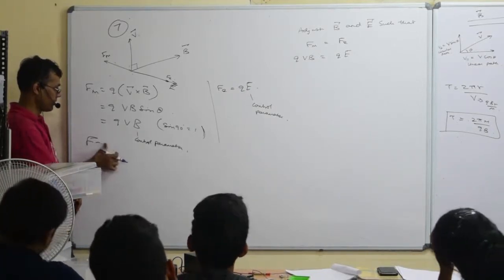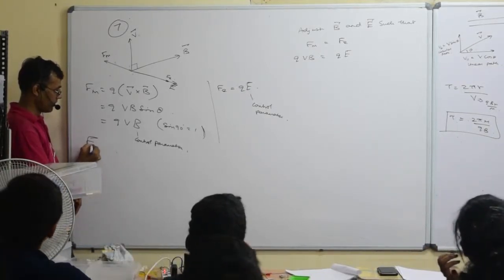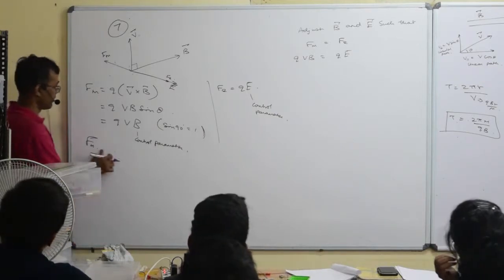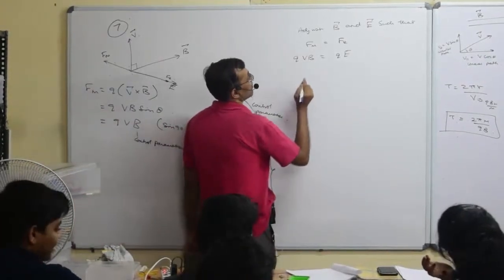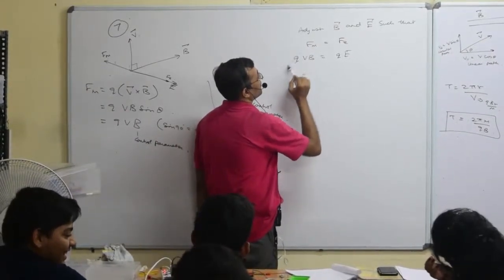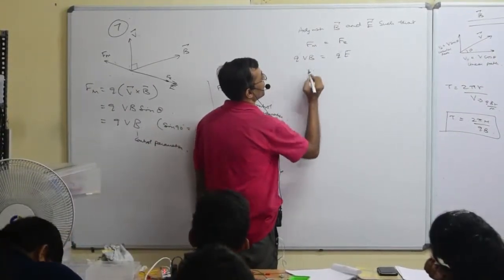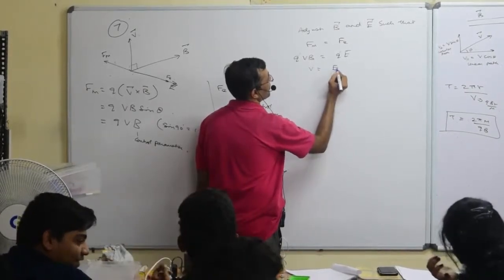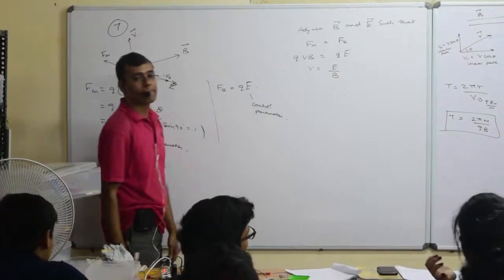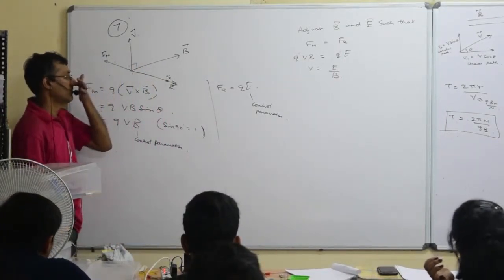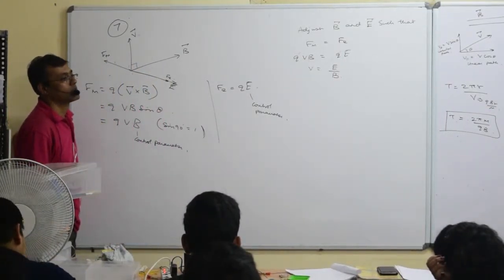So many people make this kind of mistake. So you should be writing like this. Okay, so what can I cancel? Can cancel Q. So the velocity V is given by E by B.